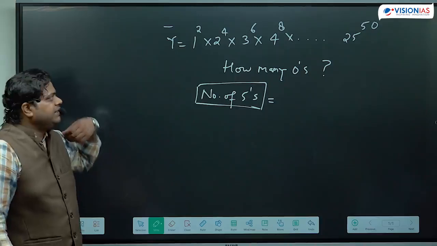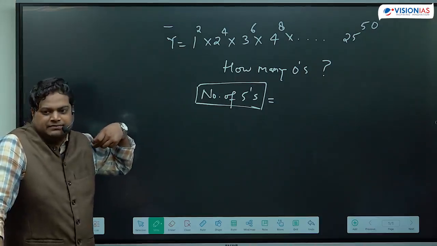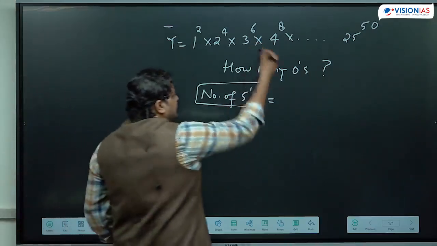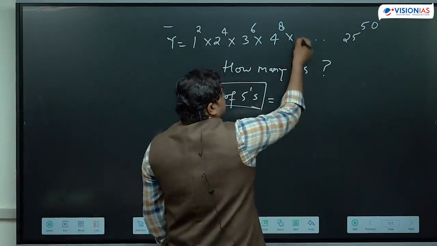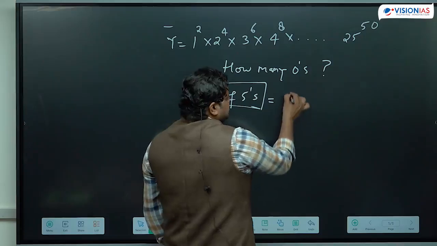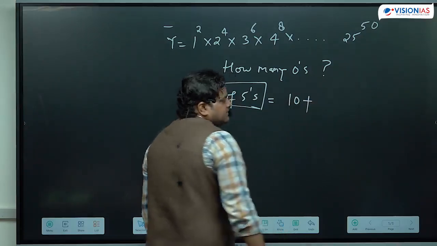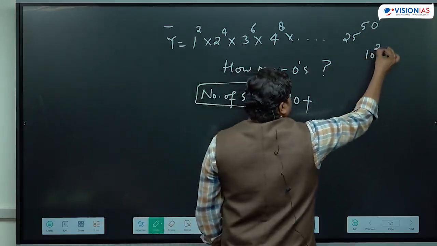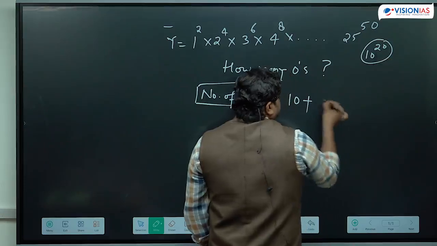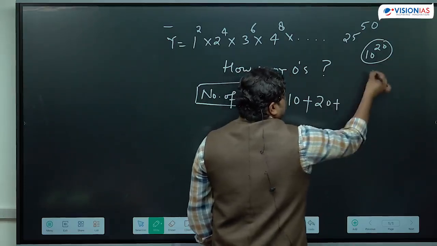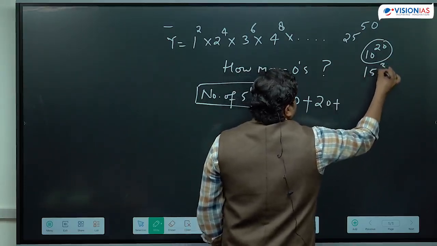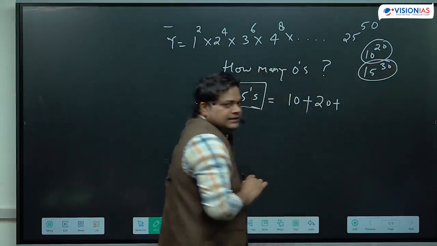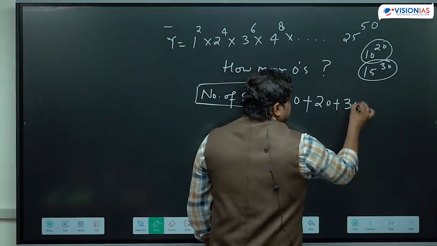So the number of 5's we can get at 5. How many are coming at 5? 5 to the power 10, that means 10 5's, plus 10 to the power 20, that is 5 into 2, so here 20 5's. After that 15 to the power 30, 30 5's.